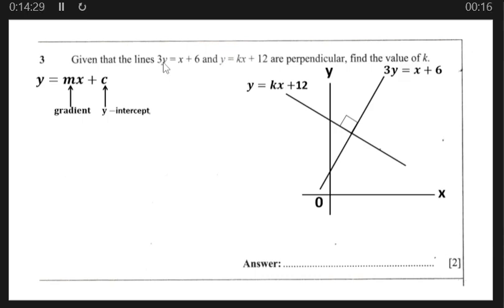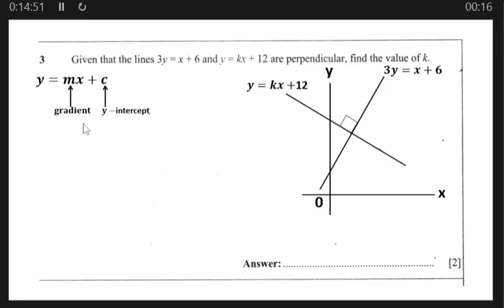It has a coefficient of 3. So we have to get rid of this 3 so that we just have y alone to know what the gradient of this line is. In this line here, the gradient is k because this is the coefficient of x, and that's what they want us to find, the gradient of this line.